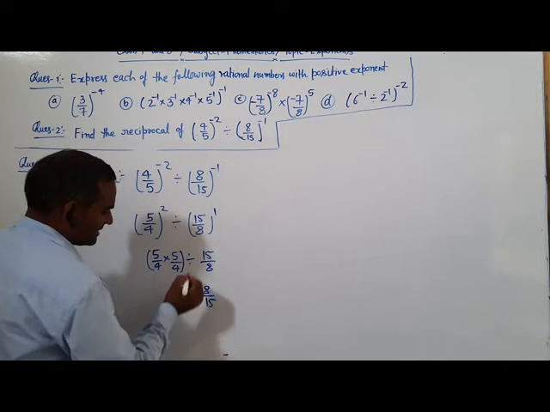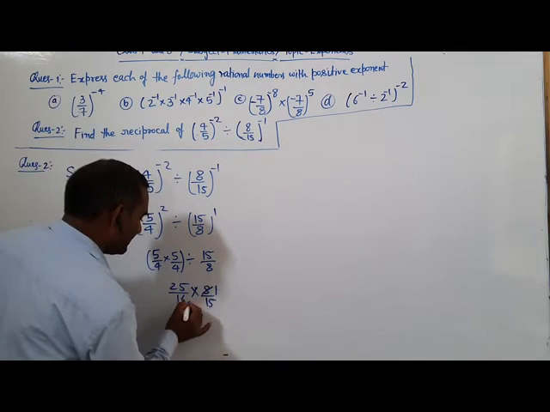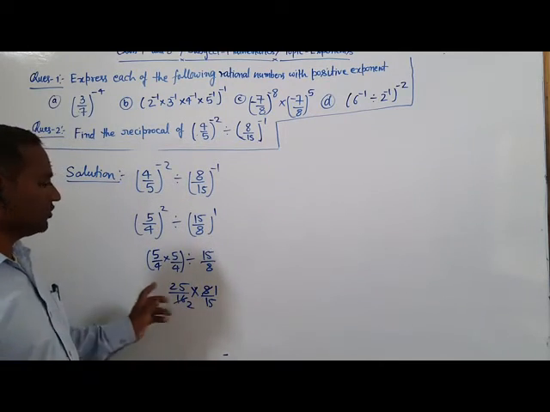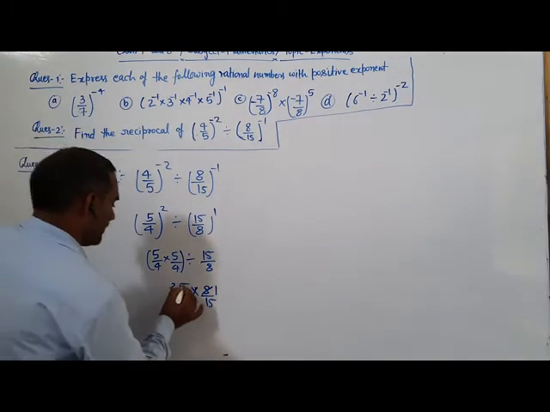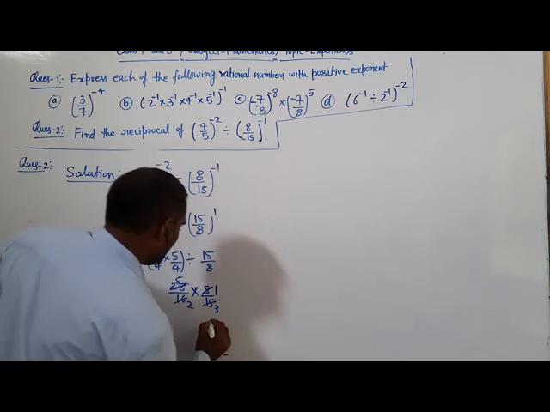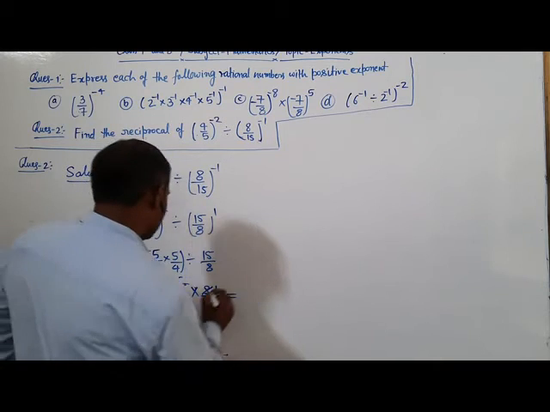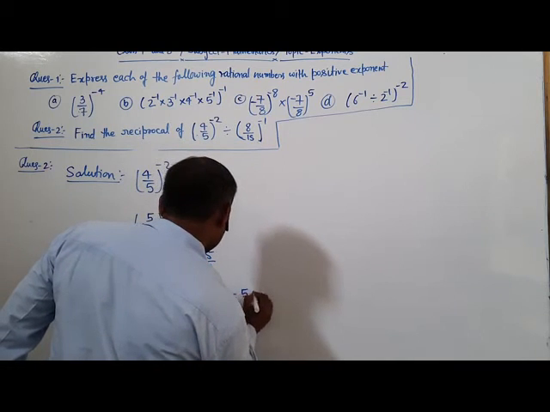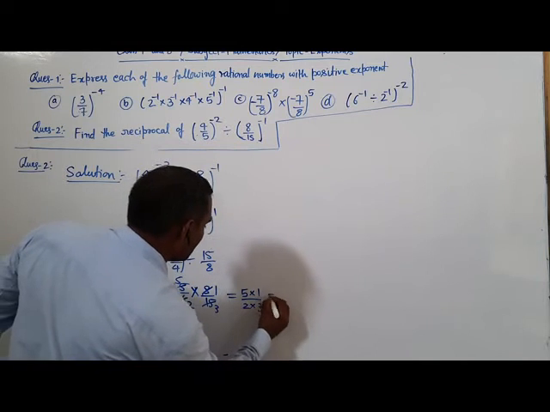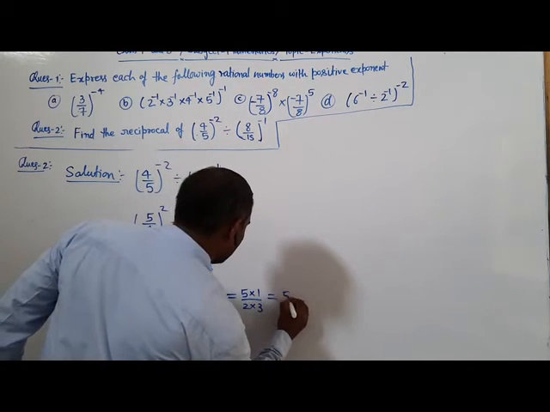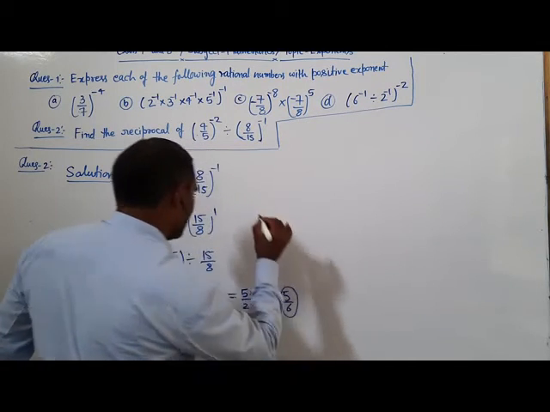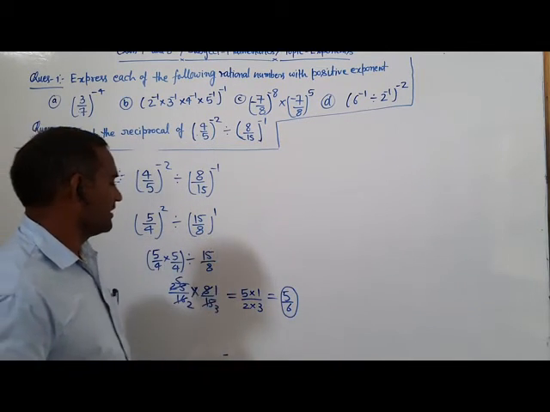Now 8 and 16 both are divisible by 8: 8 ones are 8, 8 twos are 16. 25 and 15 both are divisible by 5: 5 fives are 25, 5 threes are 15. So we can write 5 × 1 over 2 × 3, which is 5 by 6.